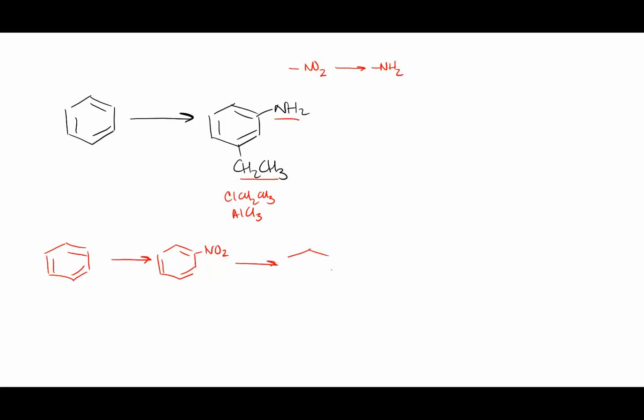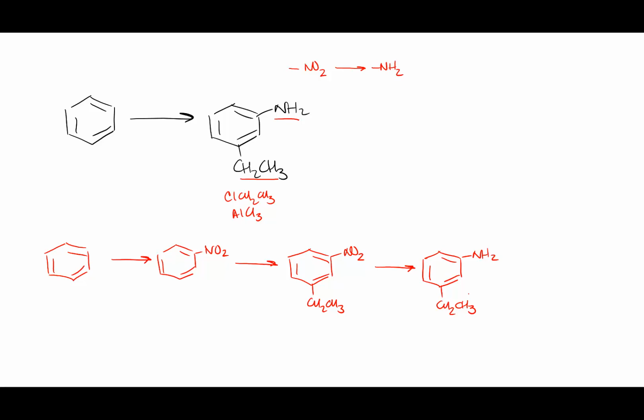So with the nitro group, let's go ahead and put on the ethyl group, and then let's convert the nitro group into an NH2 group. By stopping at the nitro group and putting the ethyl group on, nitro absolutely directs the ethyl group to the proper meta position.